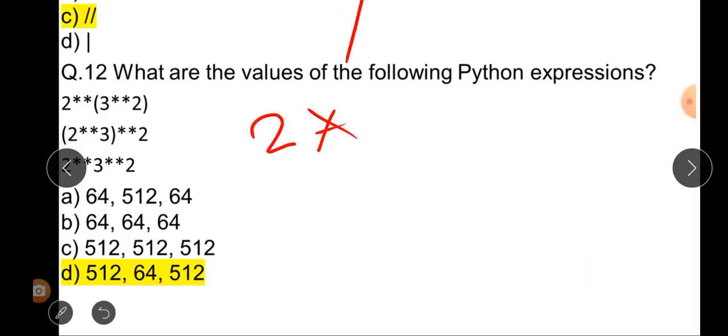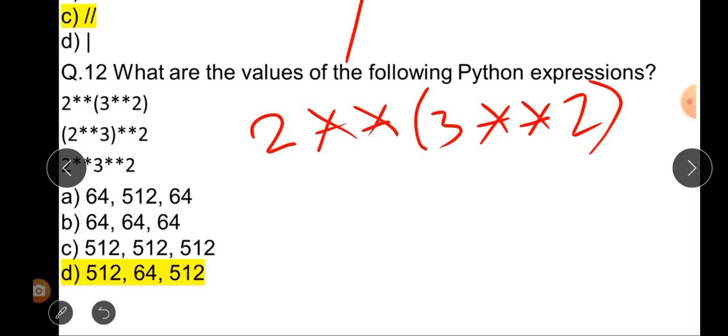Two double star means exponent operator is there, then the double star sign is again repeated.